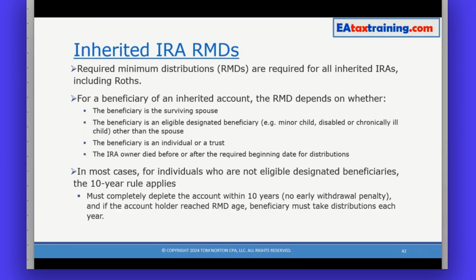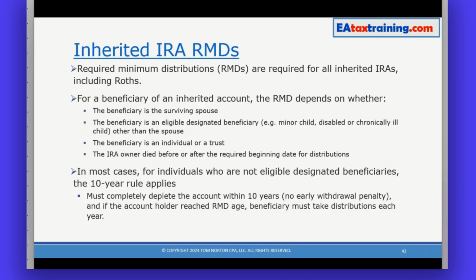So if they died before that, then your options are different than if they died after that date. So what this results in is that I could spend the next hour easily going over all of the different combinations and permutations.